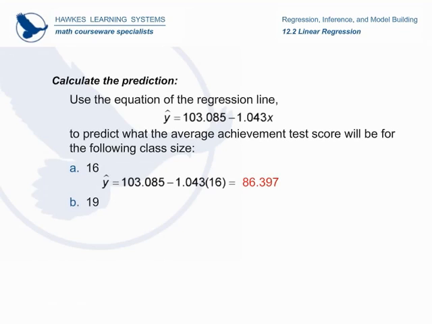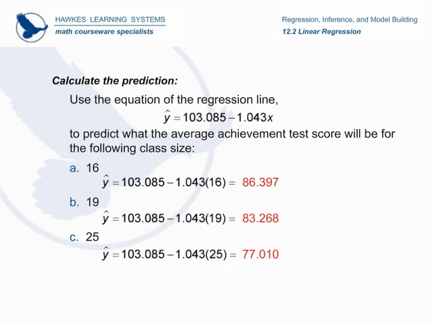And for a class size of 19, we plug the 19 in where we have our x in our formula. We see that the predicted average achievement test score will be approximately 83. For a class size of 25, we would have a predicted average achievement test score of approximately 77.